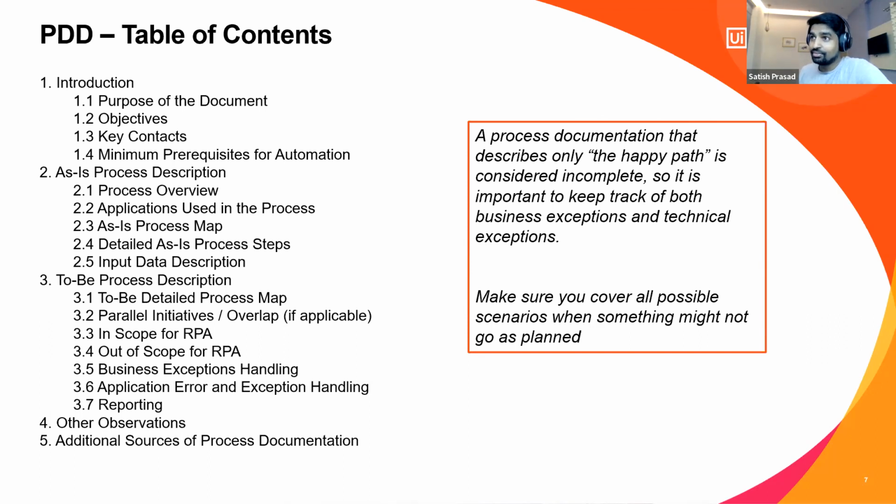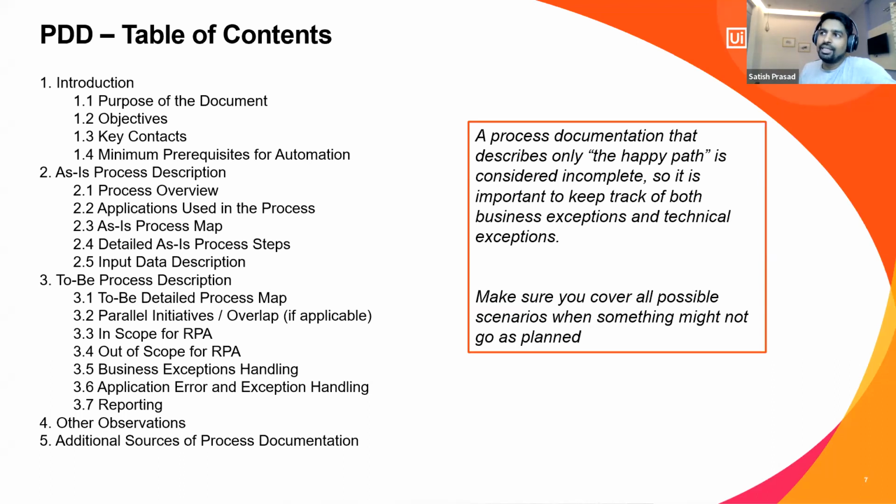But at least you should create a PDD, because PDD is a binding between you and business users saying that this is the process that needs to be automated, and you people have captured the required steps that need to be automated accurately using the detailed as-is process map and also the to-be process map, right?